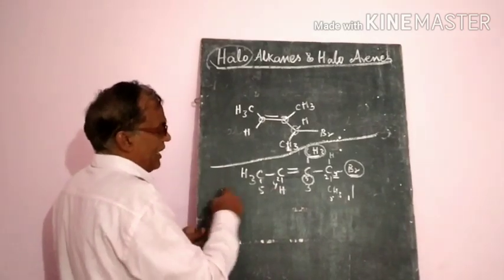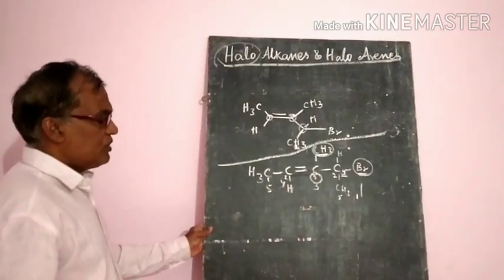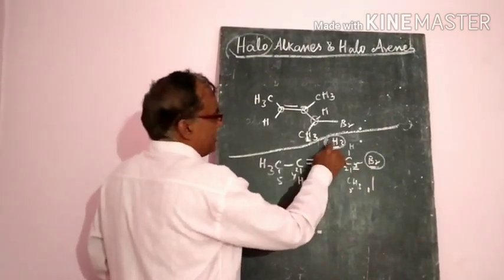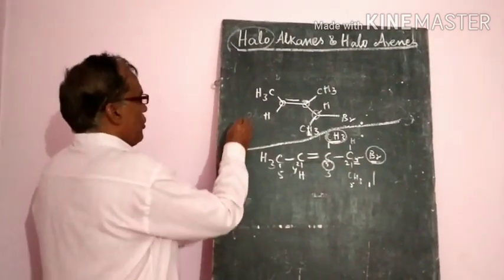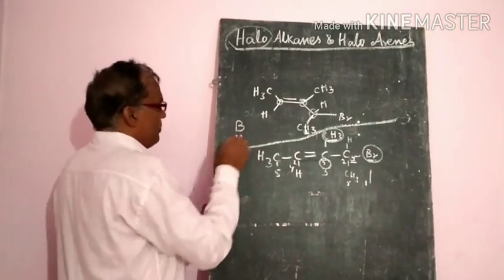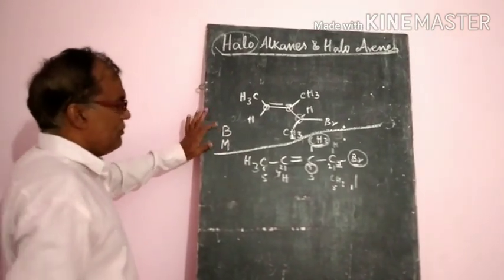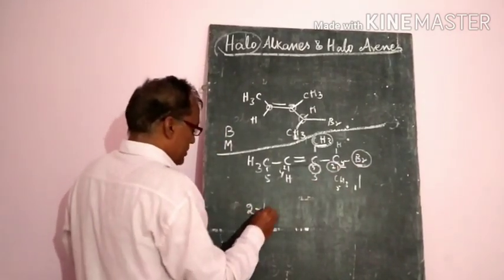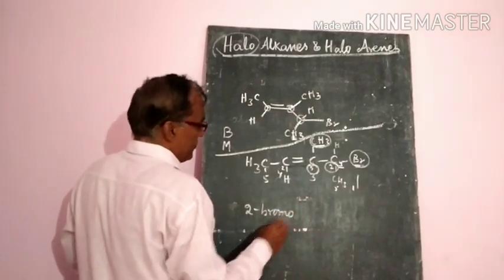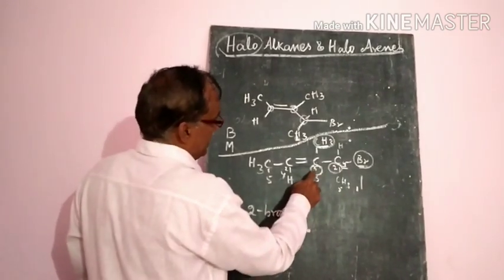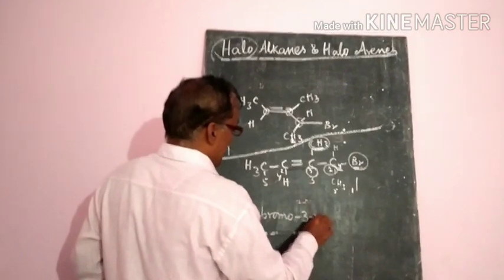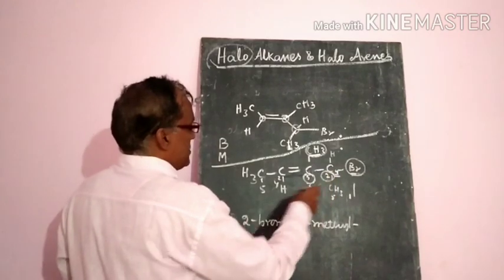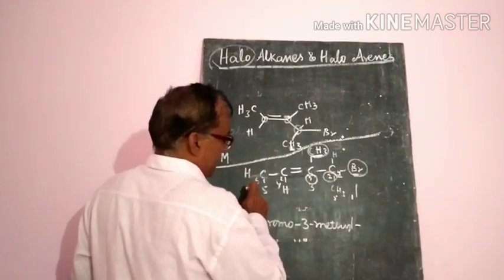Now if you write the name, first of all we should follow alphabetical order. Bromine is there and methyl group is there. Bromine starts with B, methyl starts with M, so B comes first. At what carbon atom is it attached? The second carbon atom. So 2-bromo. Next is the methyl group, 3-methyl. Next, how many carbon atoms are in the chain we have taken? 5 carbon atoms, so that is pentane.